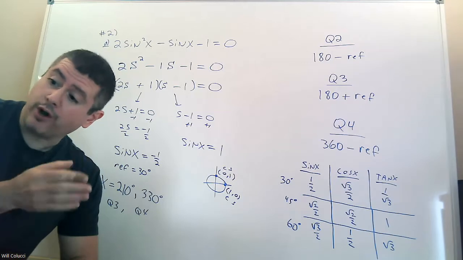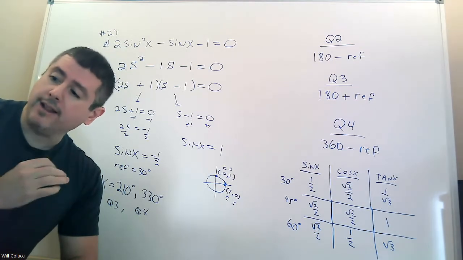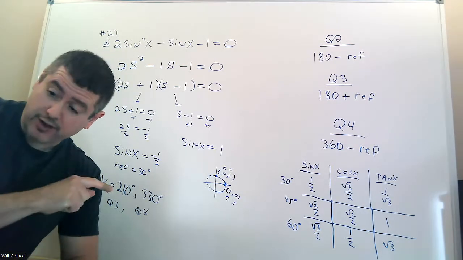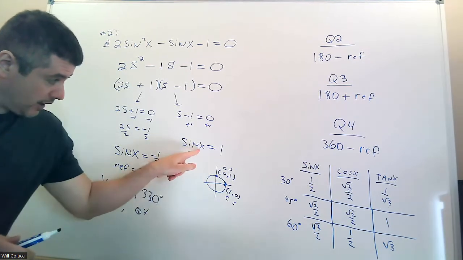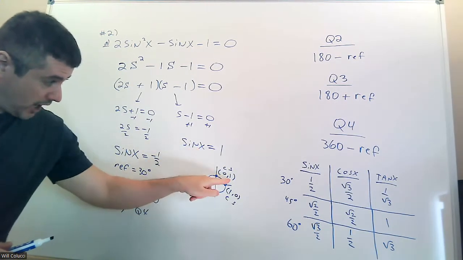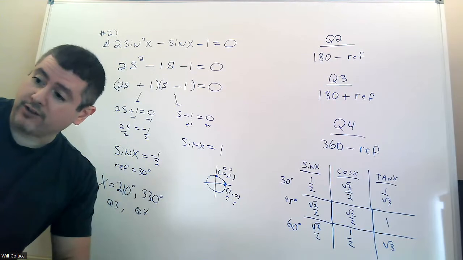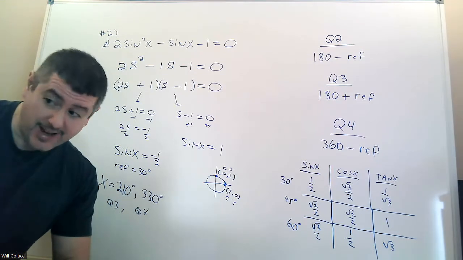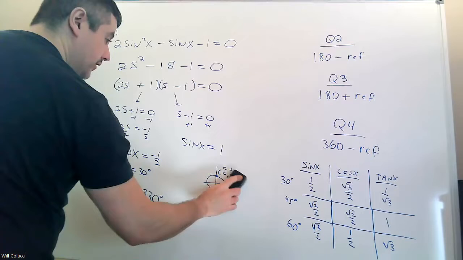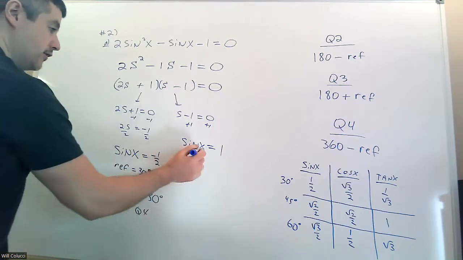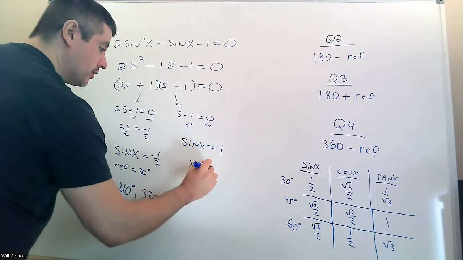It didn't land in quad 1 or quad 2 or quad 3 or 4. It landed on an axis, either the x-axis or the y-axis. This particular angle, sine is 1 at 90 degrees. That is not a quadrant. It's on the y-axis. So this angle that gives me 1 is 90 degrees.